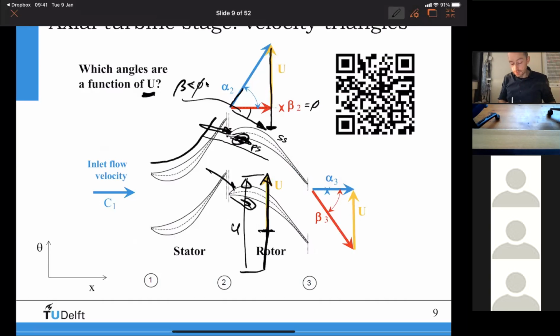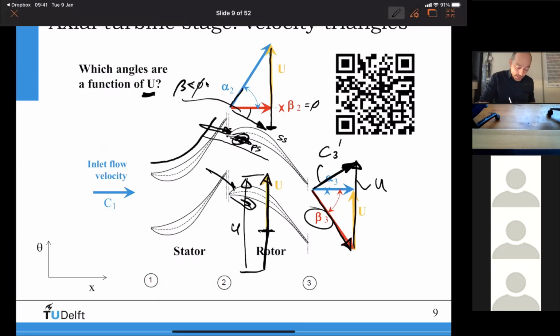But afterwards, the flow will simply follow the blade speed, but in the relative frame of reference, which means beta 3 will not change. Beta 3 stays constant. We will have this one here. But since U has increased, U will be here now. This is my new U. And then you see that alpha 3 has been initially 0, and now it's positive. And now this is my new C, C3 prime.